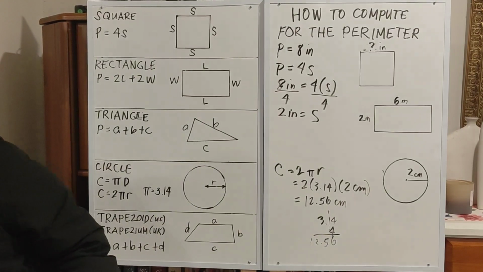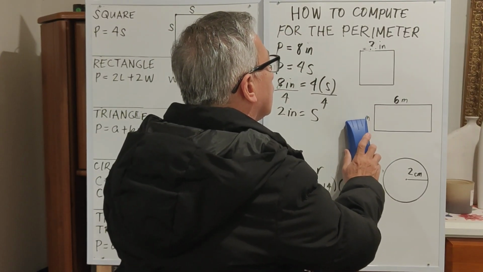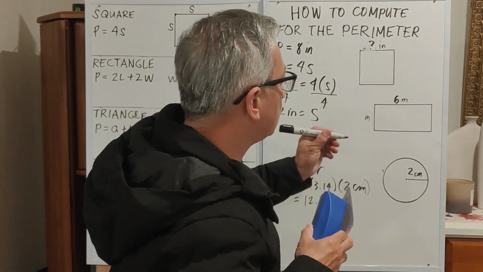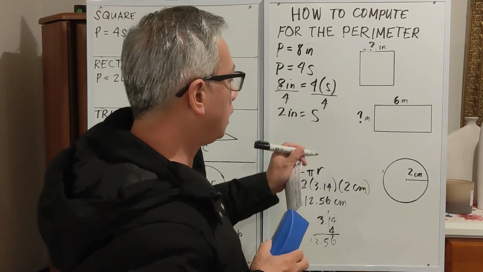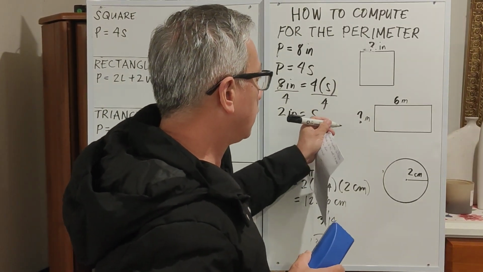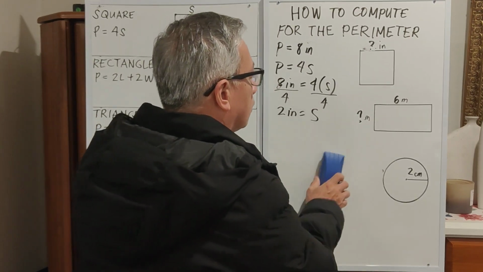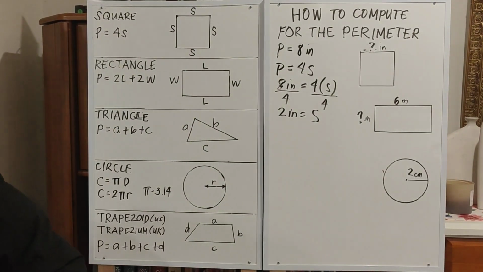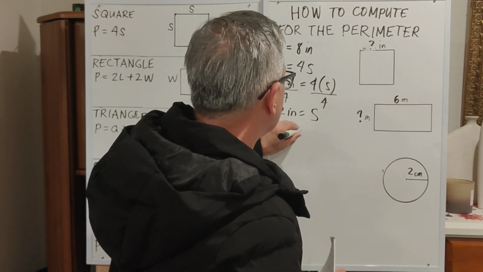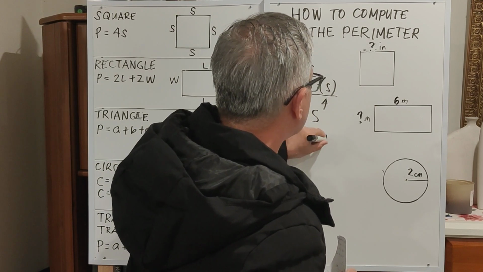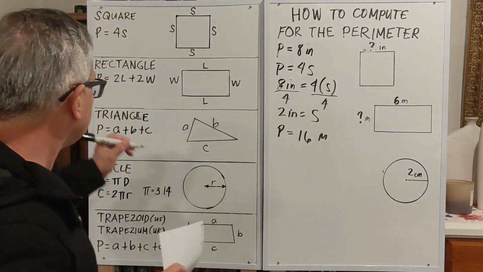For example, we don't know the width, but we know that the perimeter for the rectangle is 16 meters. We just plug it into the formula.